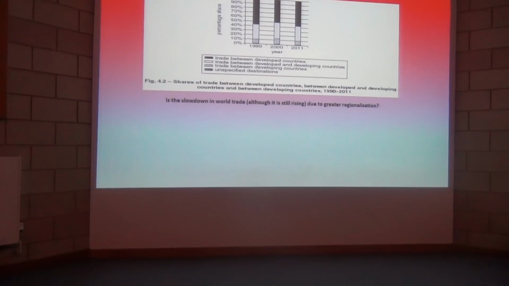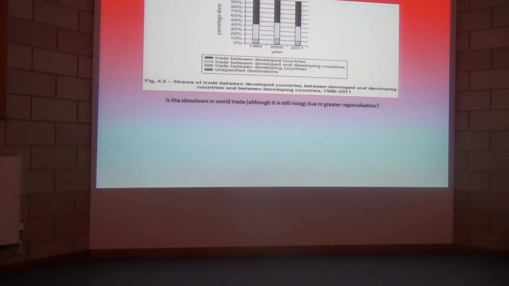If we take 1990 for example, trade between developed countries accounts for approximately 57%, and bear in mind that it is a percentage that we're given, not a value or a volume. In 2000 it fell a little bit to about 50%, and then in 2011 it has come back up again to around the 57% mark.